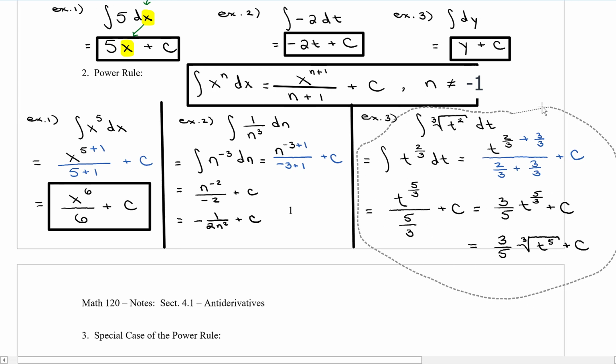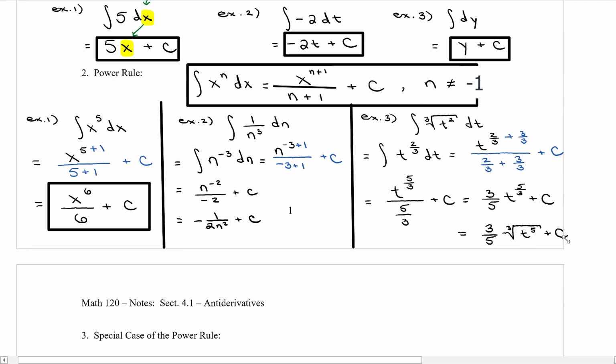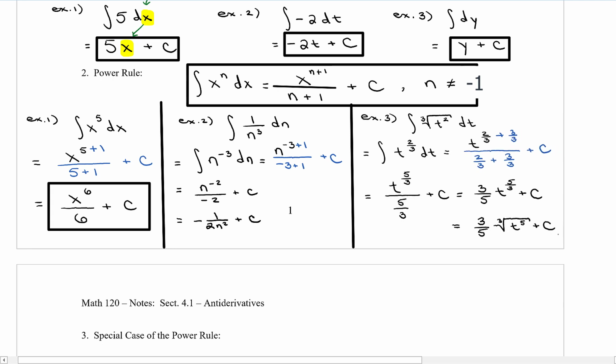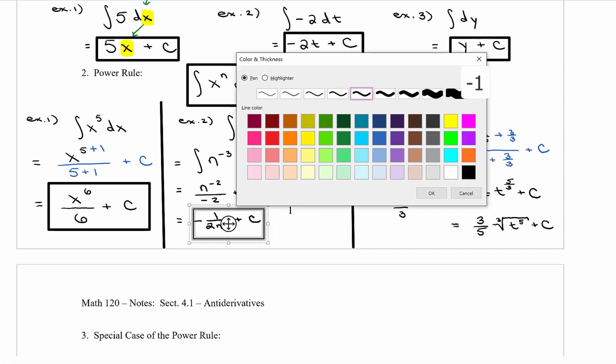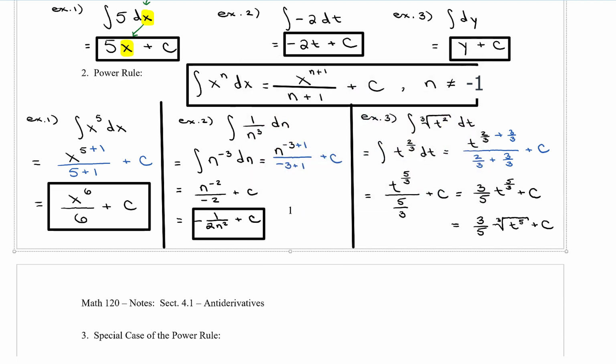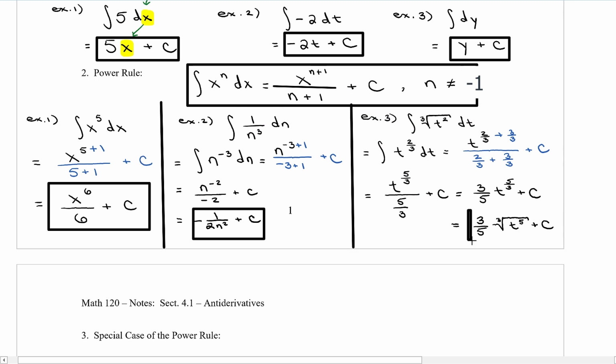I'm just going to make this a little bit smaller so it will fit nicely in here. Perfect. There we go. And I forgot to box in my last answer, so I'm going to go back and box in my last answer from example 2. And I'm also going to box in my answer for example number 3.